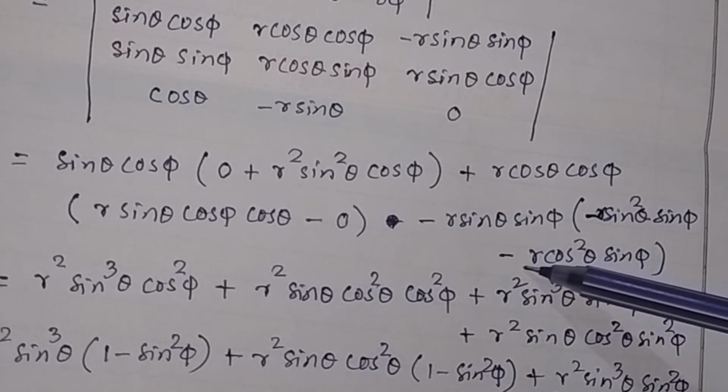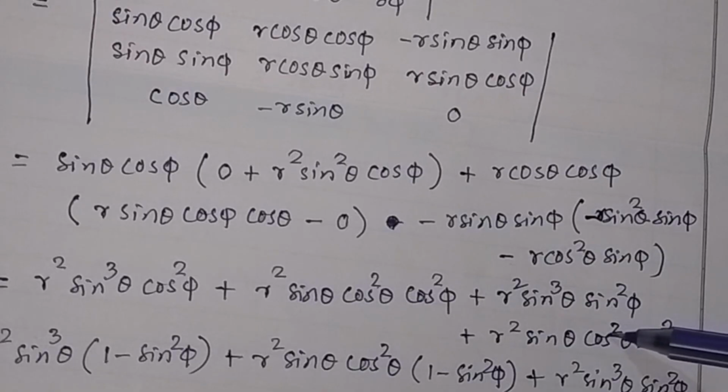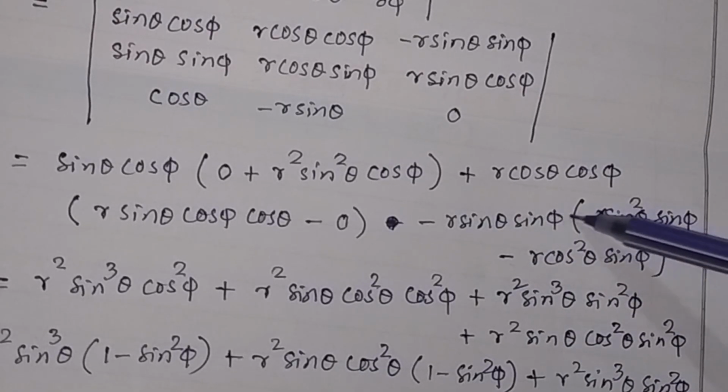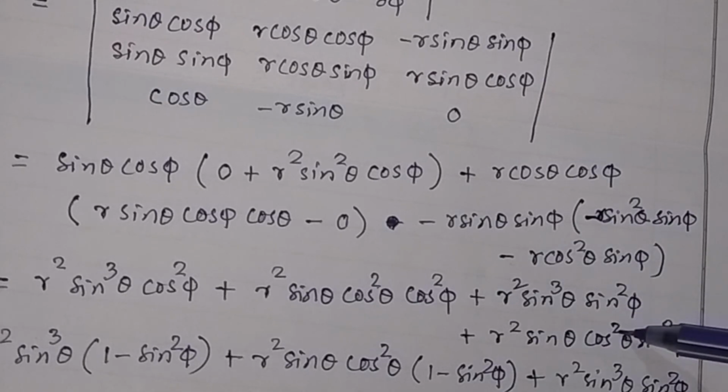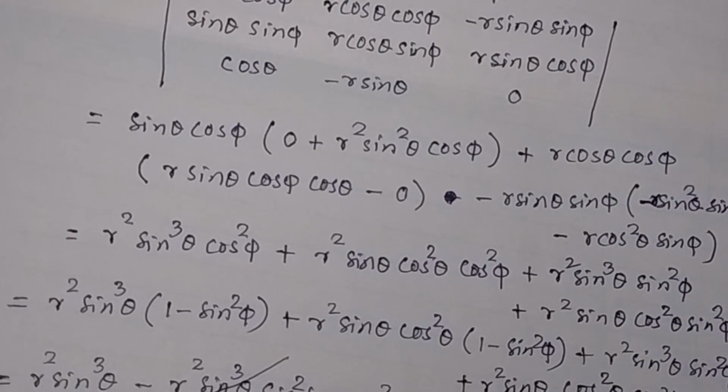So here r into r is r square, cos square theta, sin theta, and sin phi multiplied by sin phi will be sin square phi.